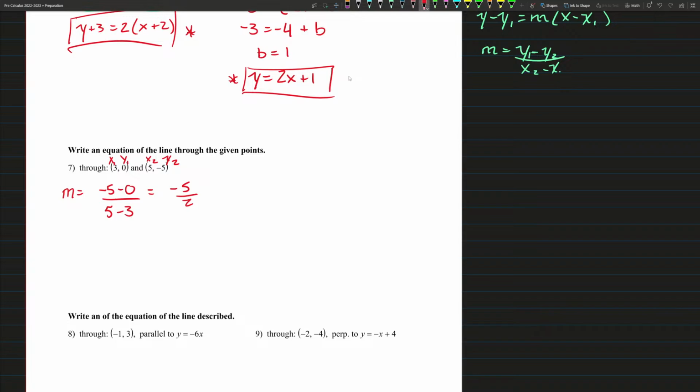Okay. After this, again, you can do whatever you want, so long as it's correct, right? What I would do is I would use point slope form. Right, so if I just write that again, after that, all we're doing is plugging in numbers. So we do y minus 0 is equal to negative 5 halves x minus 3.